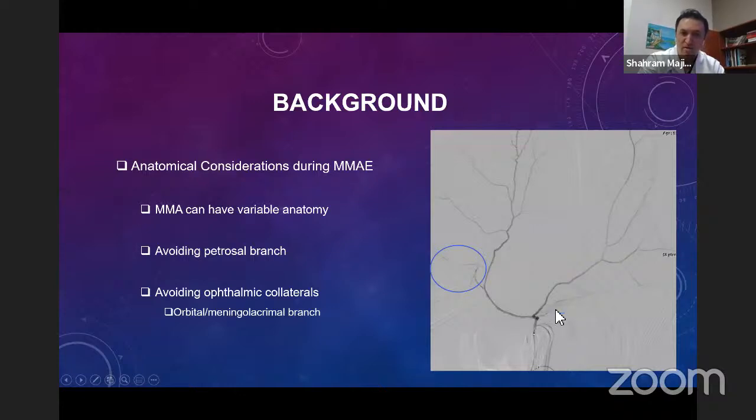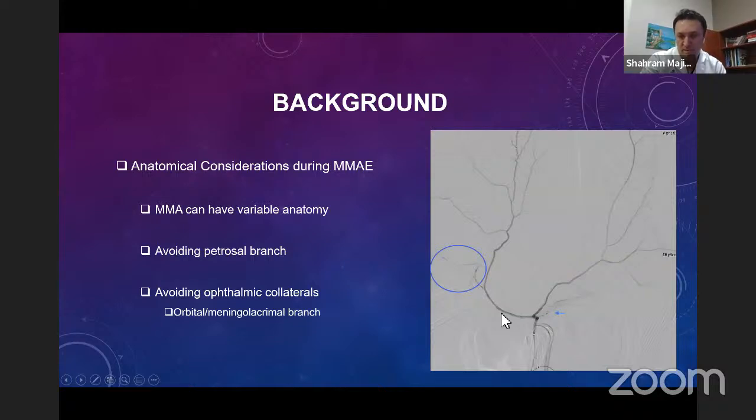These are petrosal branches. They contribute to the facial nerve. So embolization proximal to this branch has the risk of causing facial nerve palsy. And here, when we go towards the frontal branch, you see this small branch going forward towards the eyes. So this is the orbital or meningolacrimal branch. Again, embolization needs to be avoided in the vicinity of this branch.